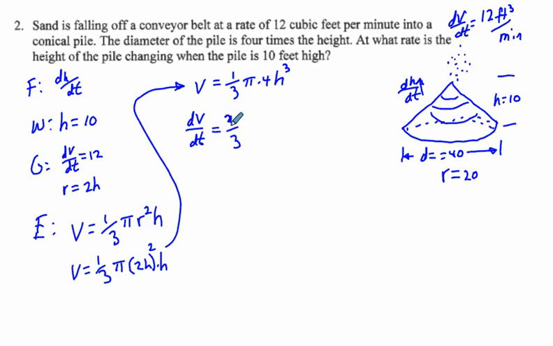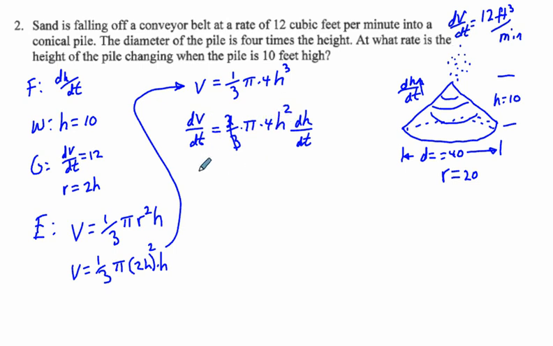So 3/3, that comes from this h to the 3rd power, times pi times 4 h squared times dH/dt. So now we have an equation we can start putting things into.